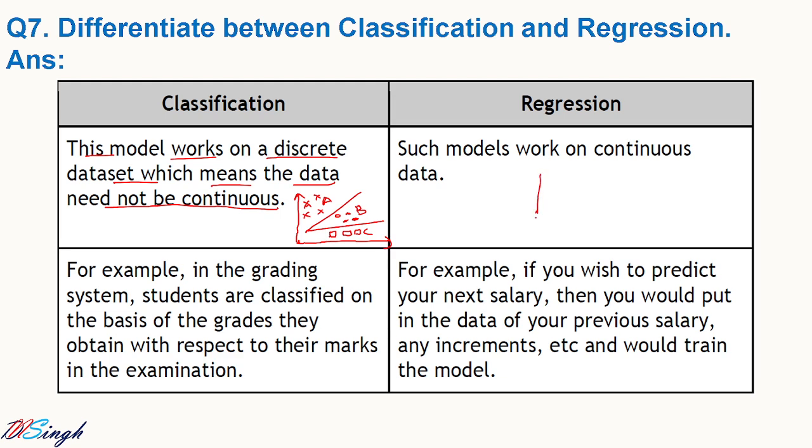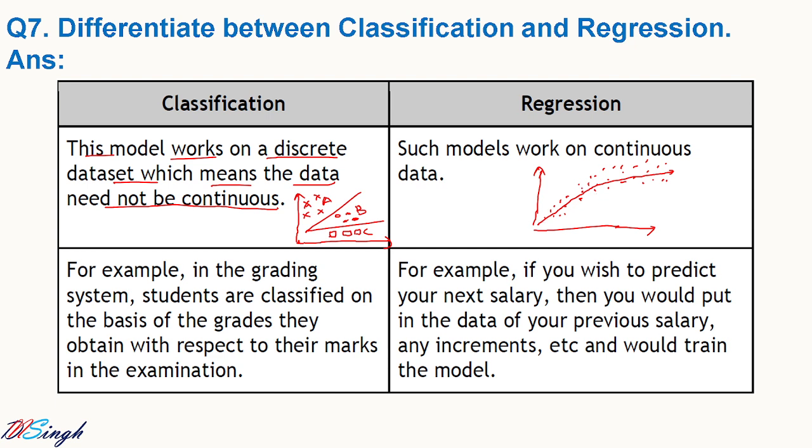If you see regression, it works on continuous data. Here all the data points are scattered around. If you plot them on an xy plane, what will happen? You can easily draw a line, and the data points seem to follow that line or a straight line.